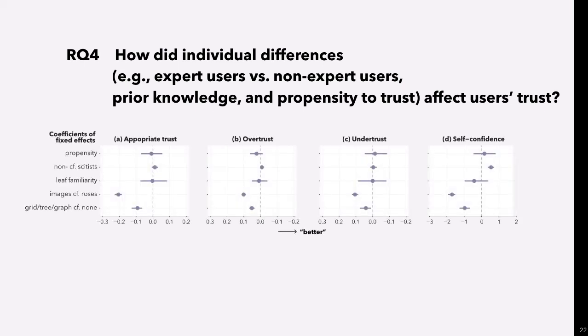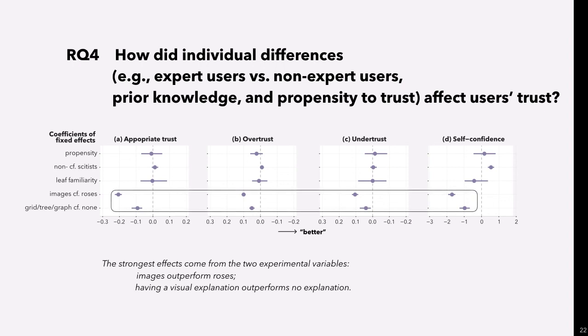We built mixed effects models where we use these three individual difference factors as well as the two experimental factors as the fixed effects. We use participants as the random intercepts to account for the correlation in observations within participants.